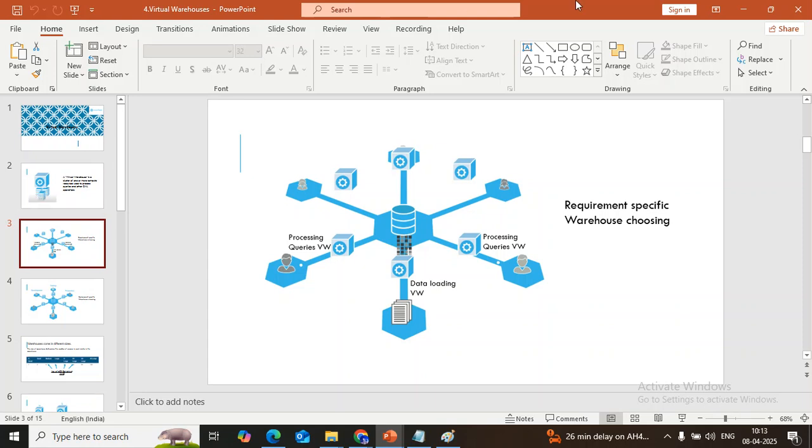Suppose for running a query on a daily basis in a project, they are not developing anything, only running queries, because all the data comes ready-made from other sources and is loaded into the database.